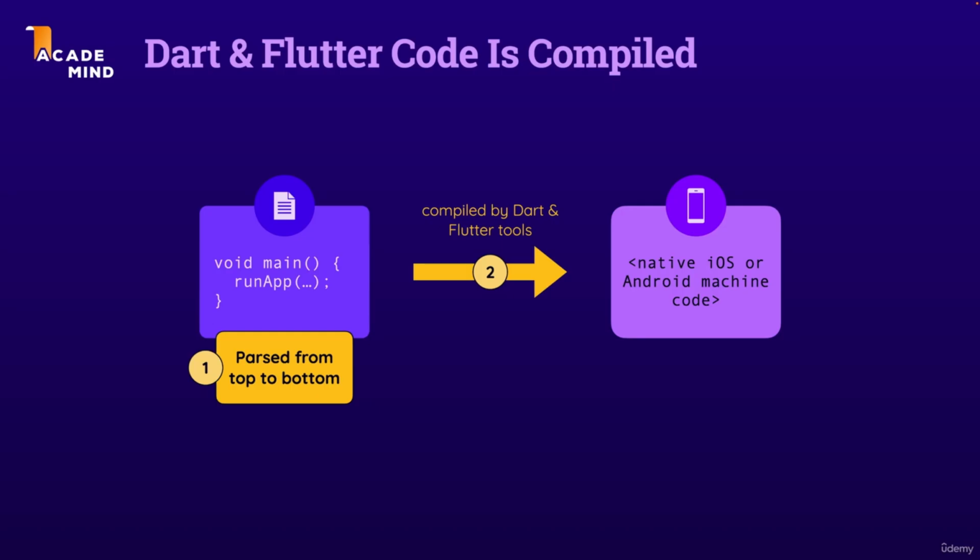So the code you write with Dart and Flutter is translated into some other code, and that code is then in the end packaged up, bundled together into a highly optimized code bundle, and that code bundle is then executed on the devices you're shipping your project to. So on the mobile devices you are deploying your app to, for example.